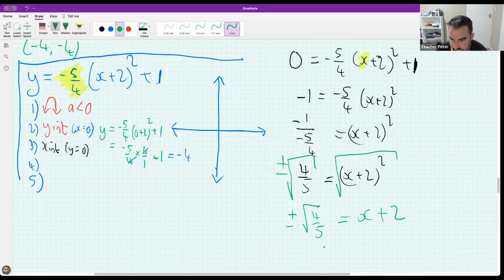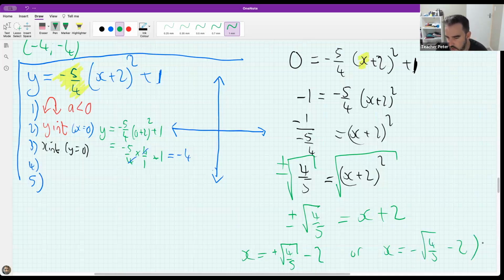So you're going to get x is the positive square root of 4/5 minus 2, or x is the negative square root of 4/5 minus 2. And those are the two possibilities for the x-intercept.